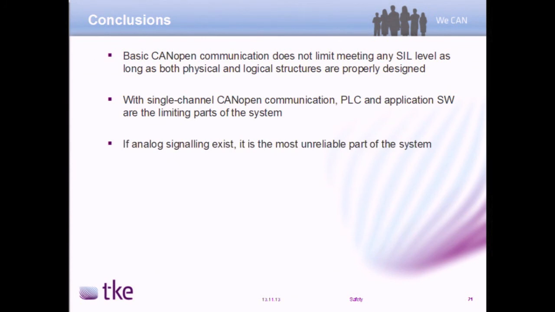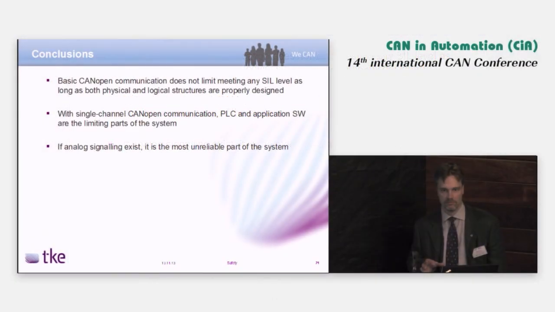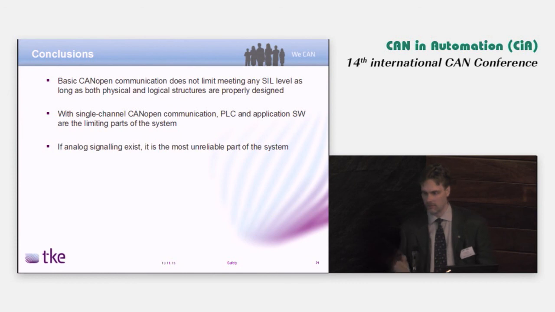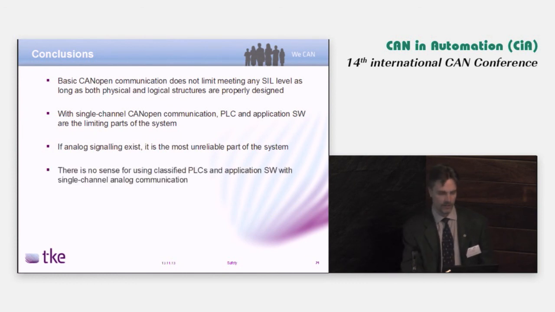And if there is analog communication, it is the absolute constraint. There is no benefit from improving the software processes and so on in single-channel analog systems. In that way, there is also no sense in using classified PLCs.